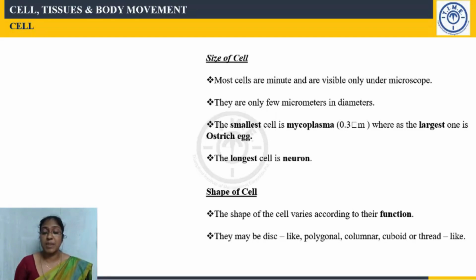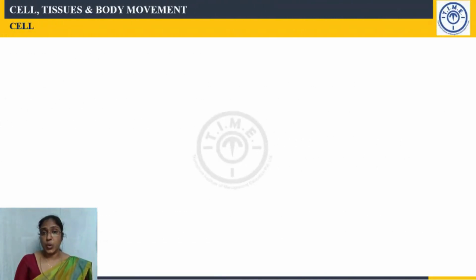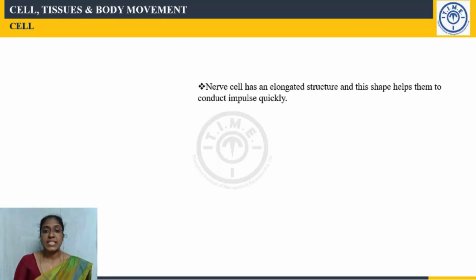They may be disc-like, polygonal, columnar, cuboidal, or thread-like structures. In the previous slide, we discussed the size of the cell, which is the longest cell, the smallest cell, the largest cell, and the shape of the cell.